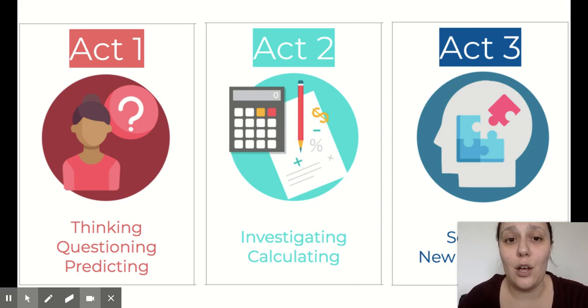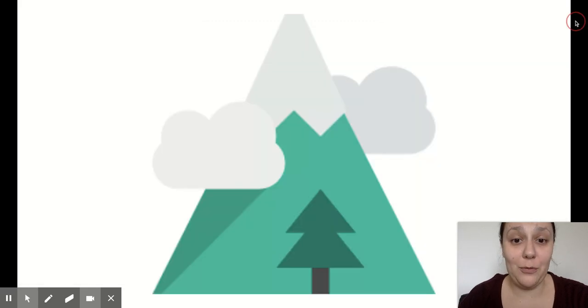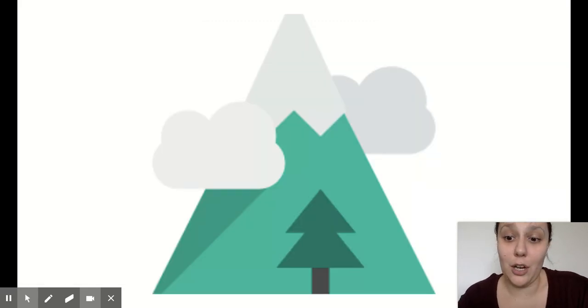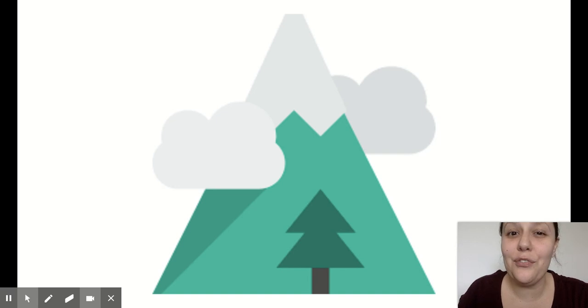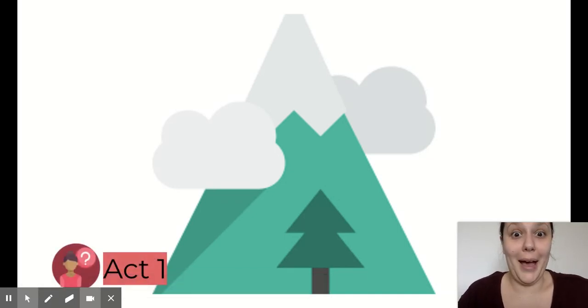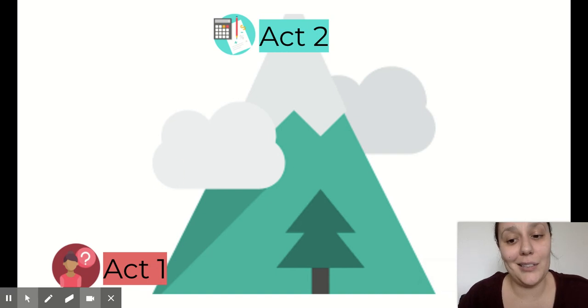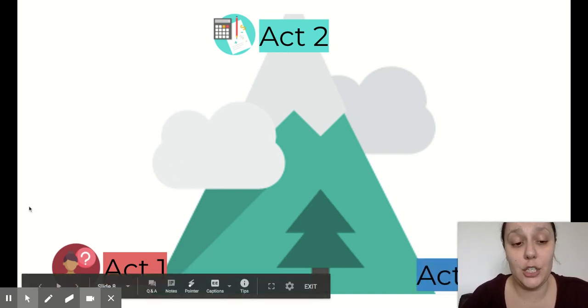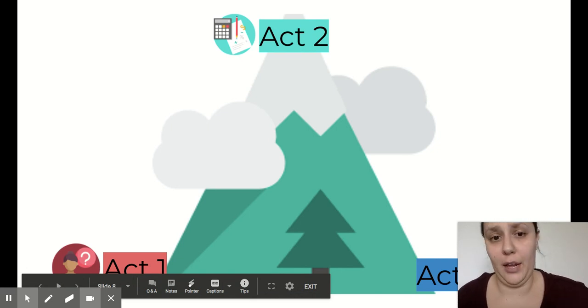A three-act task reminded me of something that we've been learning about in reading and writing workshop, a story mountain. It's very similar. A story mountain starts with an introduction, right? And then it moves on to the climax, and then it has a solution. Just like in a three-act task, we have an introduction where we're thinking, we're gathering information.